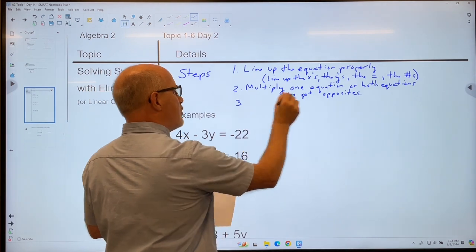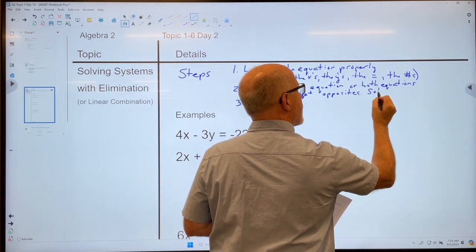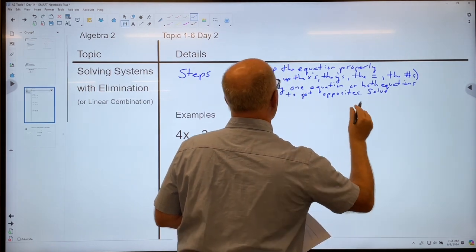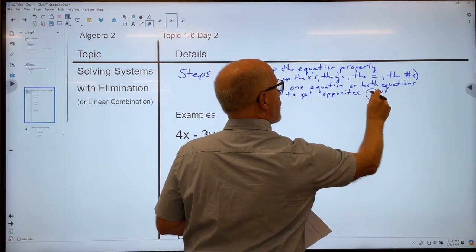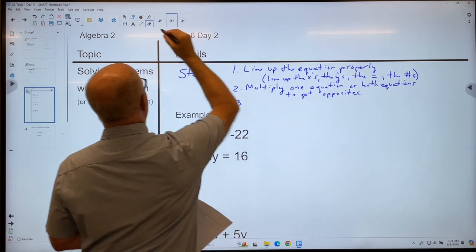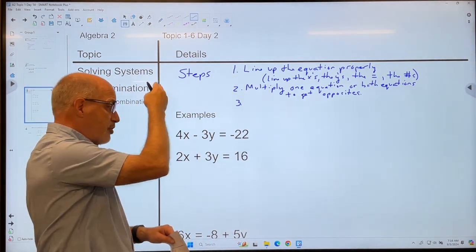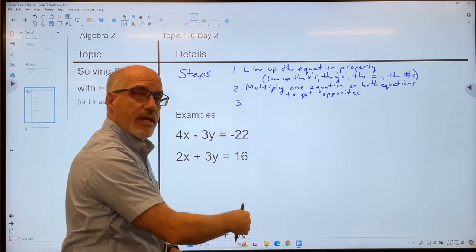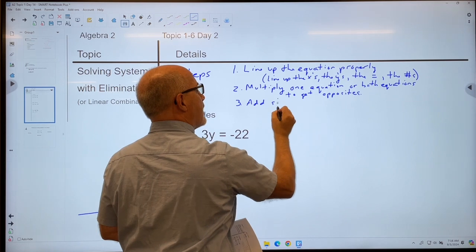All right, then once you do that, you want to also make sure you solve for what you get when you do that. Actually, let's do that on the next step. So we'll involve that in the next step. Here, you next want to, since you've got them lined up in opposites, you're going to add straight down. Okay, that's what is unusual. So add straight down and solve.